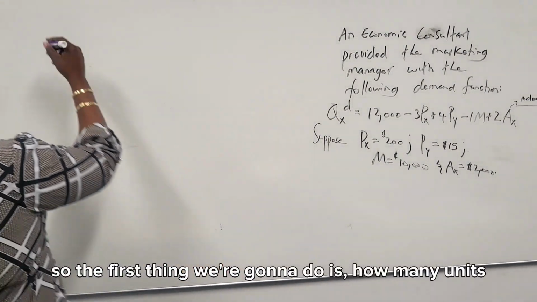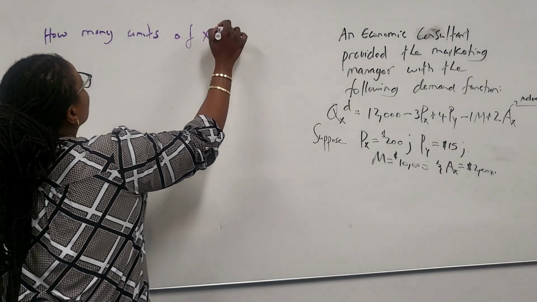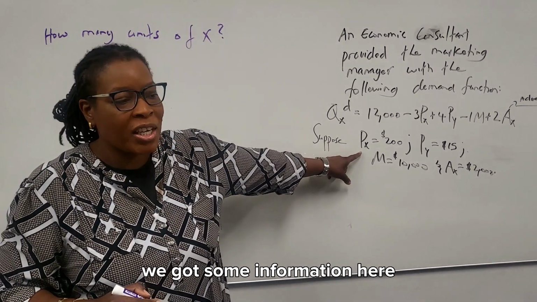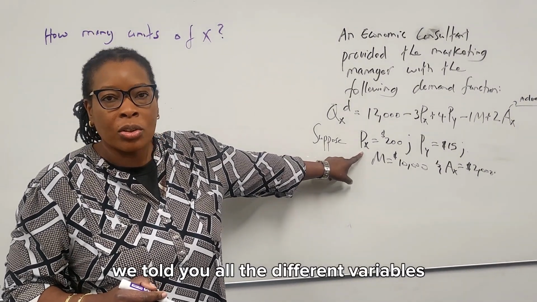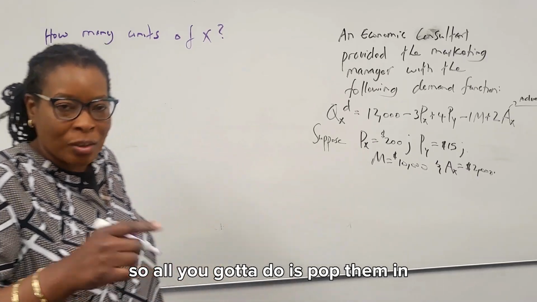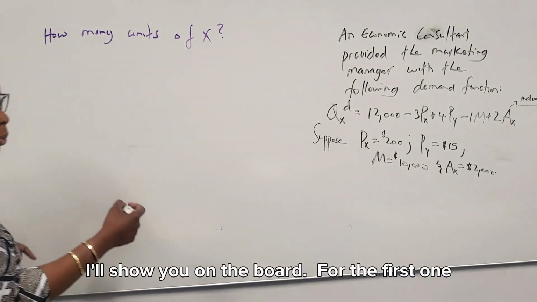That's the first thing we will do. Can we measure the quantity demanded of X? How many units of X? Let's do that first. We got some information here. It told you all the different variables. So all you gotta do is pop them in. I'm gonna show you on the board.